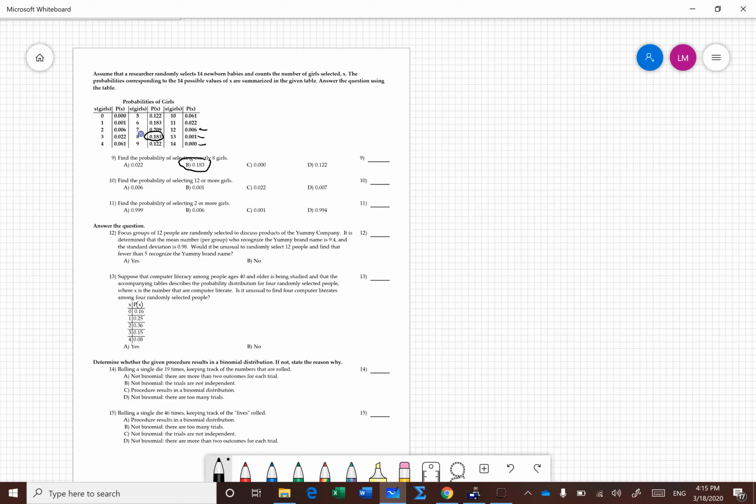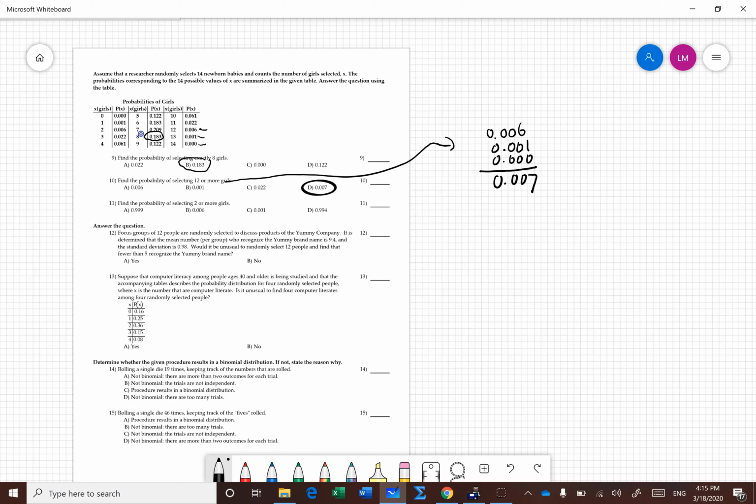Starting from 0.006, 0.001, 0.000, so 0.007 is the answer.